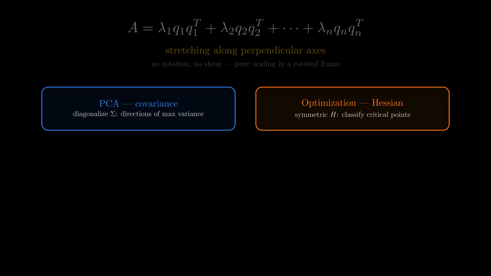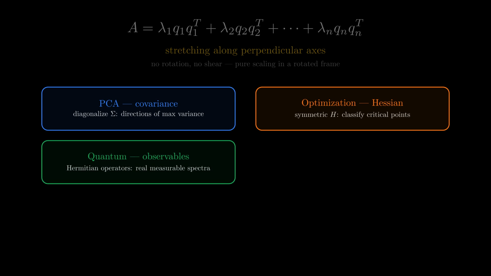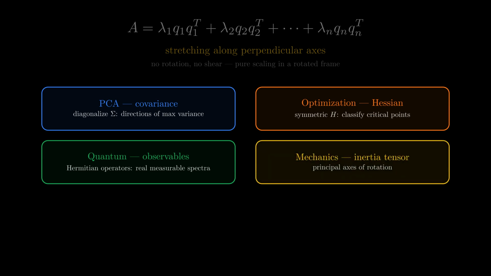Quadratic forms in optimization use the Hessian, which is symmetric. Quantum observables are symmetric or Hermitian operators, and their real eigenvalues are the measurable quantities. In mechanics, the inertia tensor is symmetric, and its eigenvectors are the principal axes of rotation. Whenever nature exhibits symmetry, the spectral theorem makes it computable.